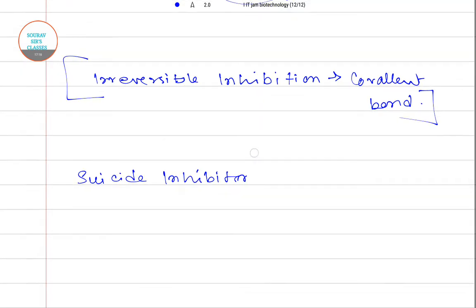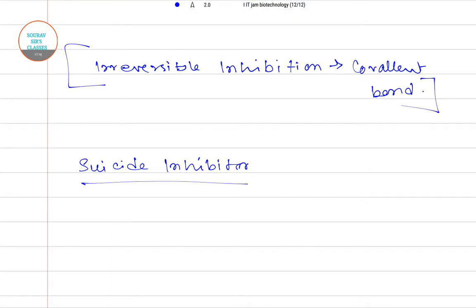So this is a special class of irreversible inhibitors. These are compounds which are relatively unreactive. They are unreactive until they bind to the active site of the enzyme.